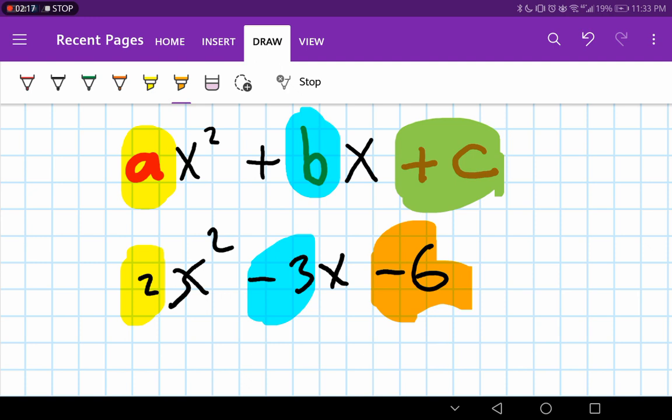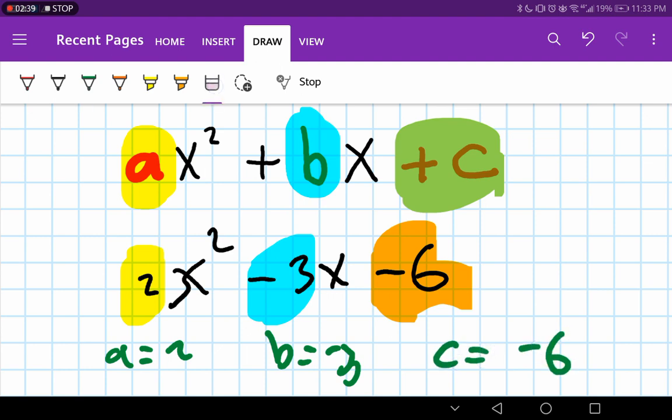Teacher, if I cannot find the x, that means there is no B? Yes. And if you cannot find the number alone, there is no C. So here A equals 2, B equals negative 3, and C equals negative 6. Are you happy with that?